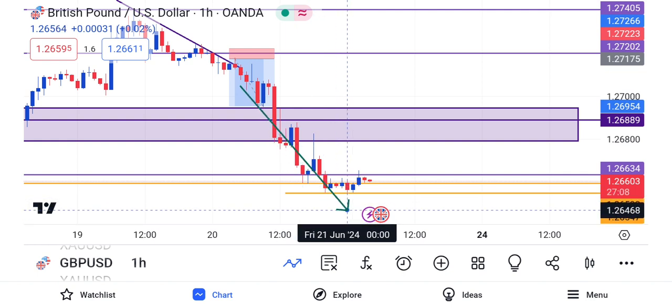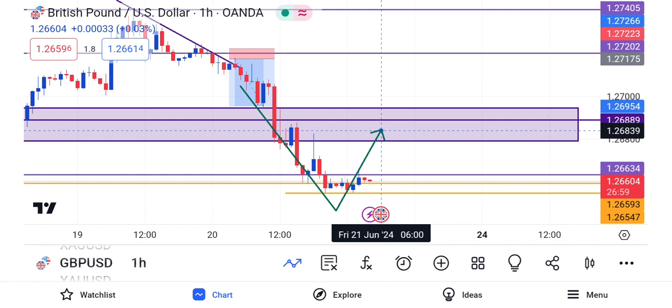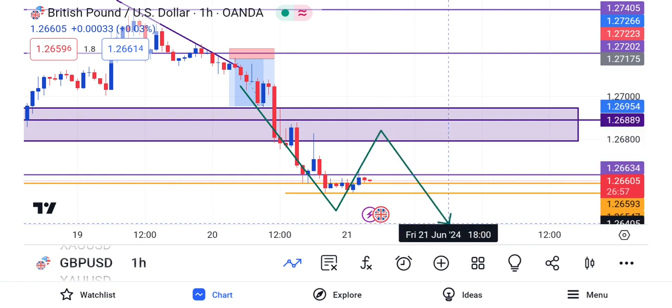But I believe when London session is active, we might already have that retest, and when London session is active, price can continue probably where it comes from or even lower.